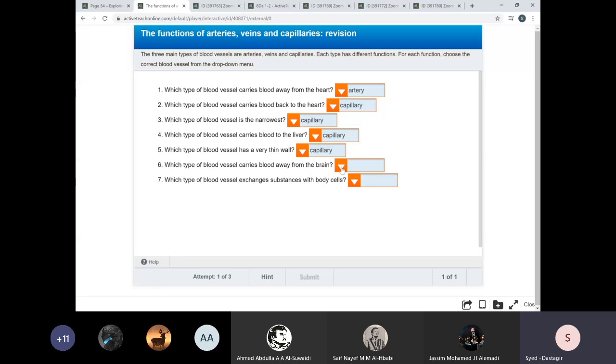Which type of blood vessel carries blood away from the brain? Can I ask Ghanim, please? Veins. Veins, okay.